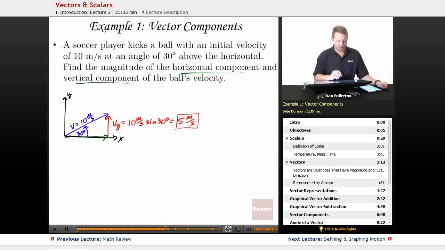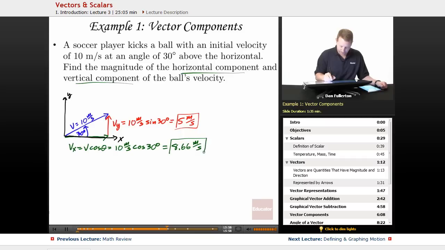And in similar fashion, the x component of velocity v is going to be v cosine theta, or 10 meters per second times the cosine of 30 degrees. Cosine 30 is 0.866, so 10 times that is going to be 8.66 meters per second. We've broken up v into its x and y components.